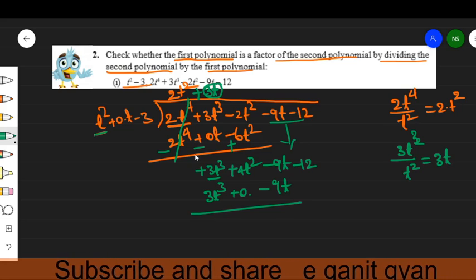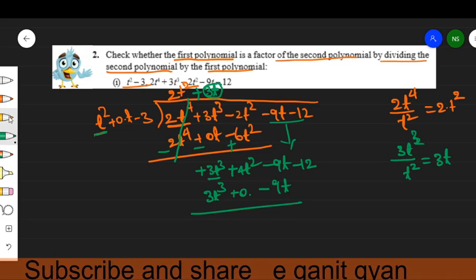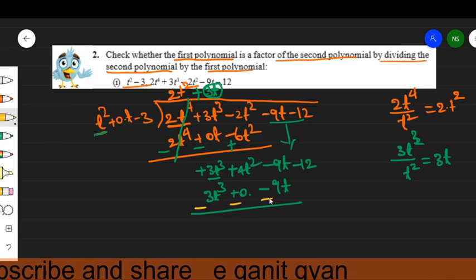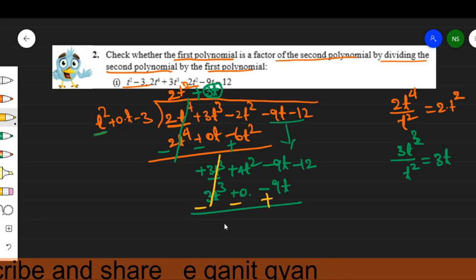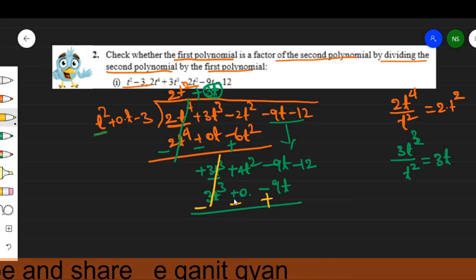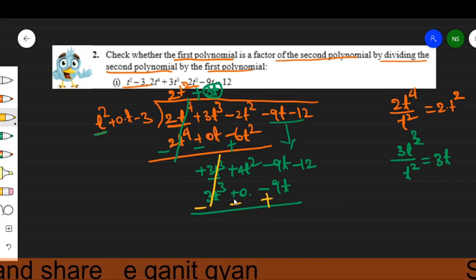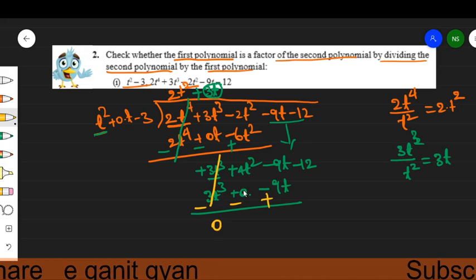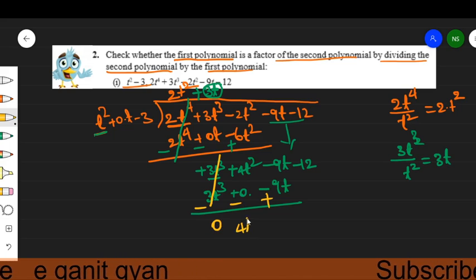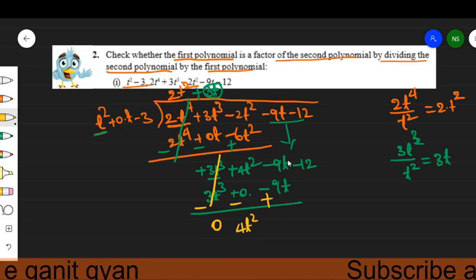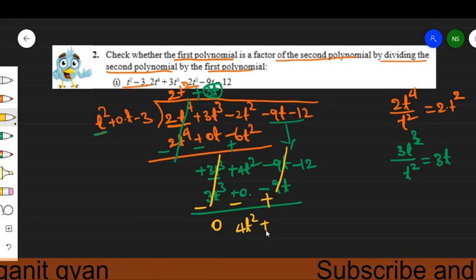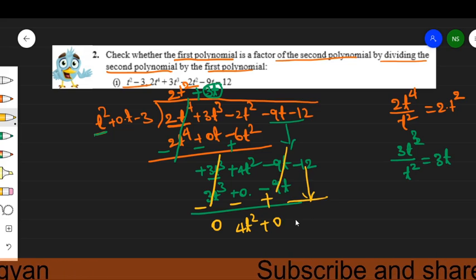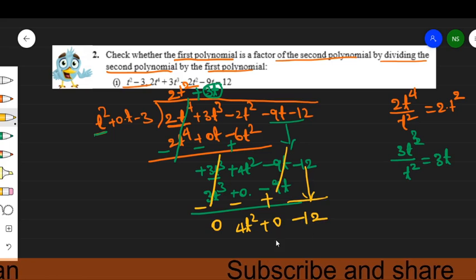After that we are not having terms. So here we should change the symbols. Why? Because we are subtracting. If we are subtracting one polynomial from another polynomial, we should compulsorily change the symbols for the second polynomial. So these two terms will become 0. Here I will get 4t square. These two terms will become 0. And next term down, minus 12.